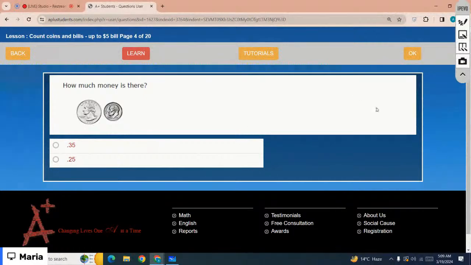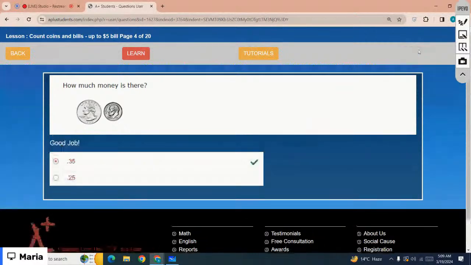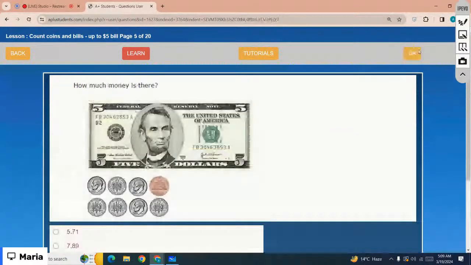It is option number 1 is the correct option. How much money is there? Which is the correct option?